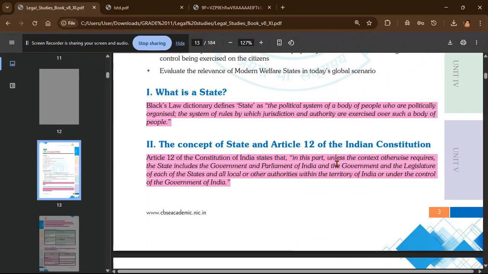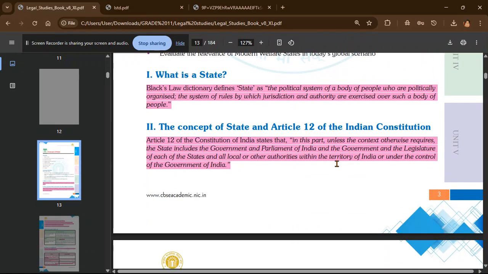As we are starting the concept of state chapter, our first definition that we see is what is state. Here we can see that it says Black Law Dictionary. Now in this video, I'll be explaining everything point to point because it's your first lesson and your first class of legal studies, your first chapter.